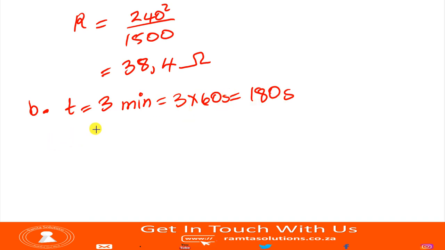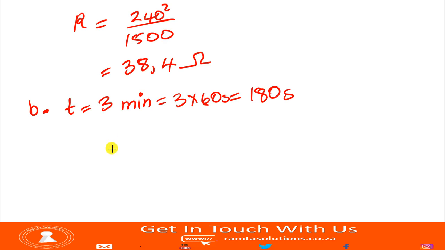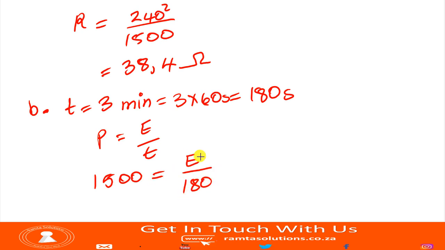Now, we're calculating the electrical energy transferred to the kettle. We know that power is equal to energy over time. So what is power? The power given is 1,500. What is the energy? We do not know. What is the time? 180 seconds. This implies energy is 1,500 multiplied by 180. What is our answer?